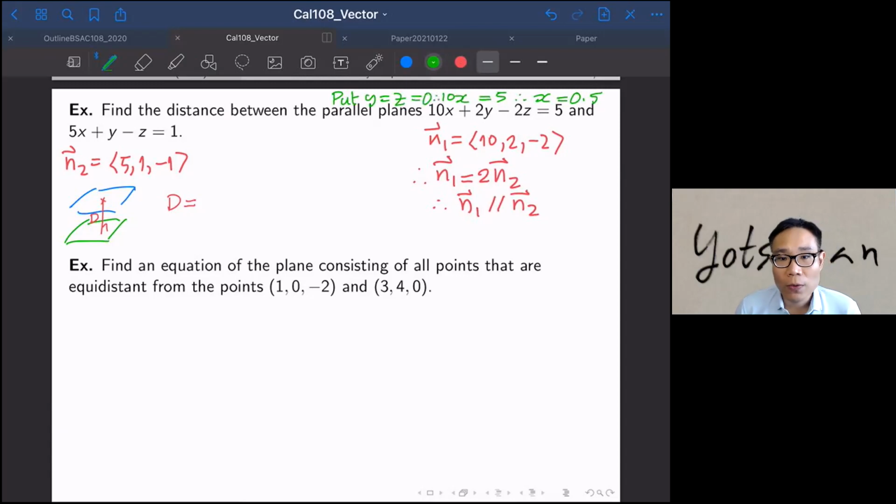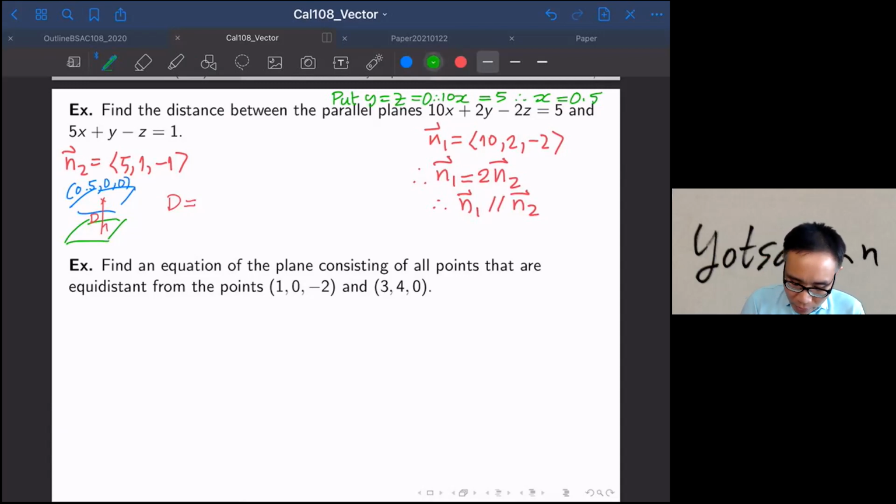So you put y equal to z equal to 0 into the plane. The point that you choose turns out to be (0.5, 0, 0). Okay, so it's the point on the top plane.